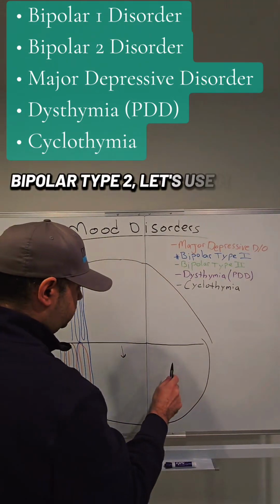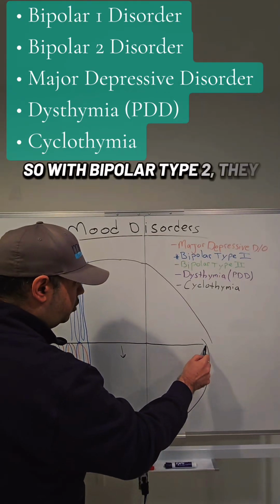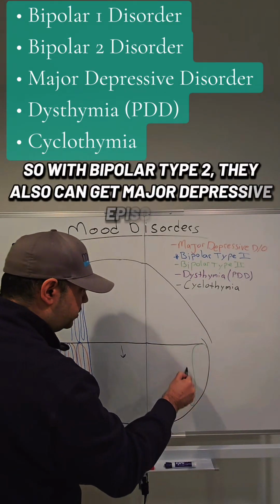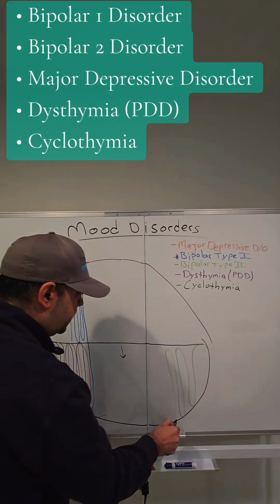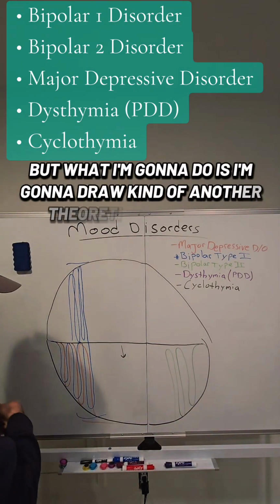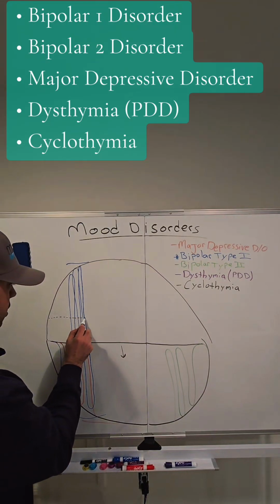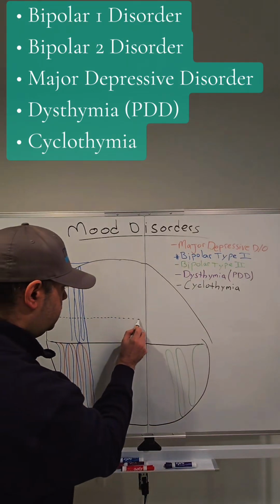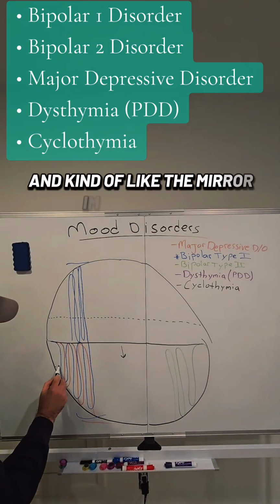bipolar type 2, let's use maybe this side. So with bipolar type 2, they also can get major depressive episodes all the way to the bottom, okay? But what I'm going to do is draw another couple of theoretical lines here, kind of like the mirror image of that.